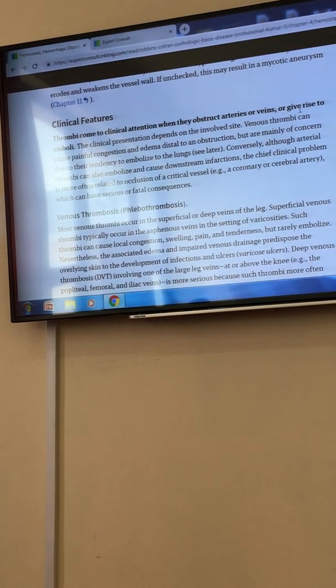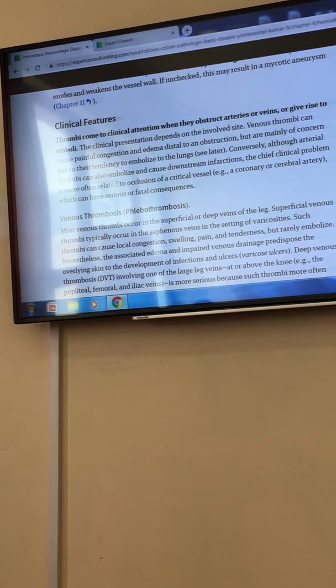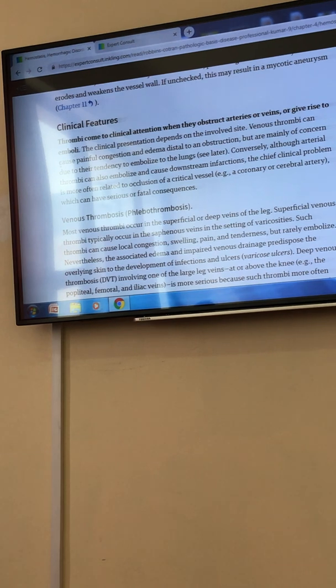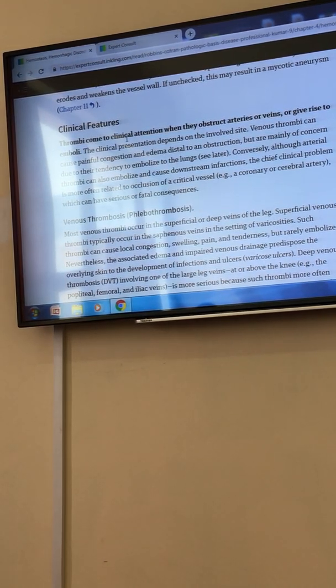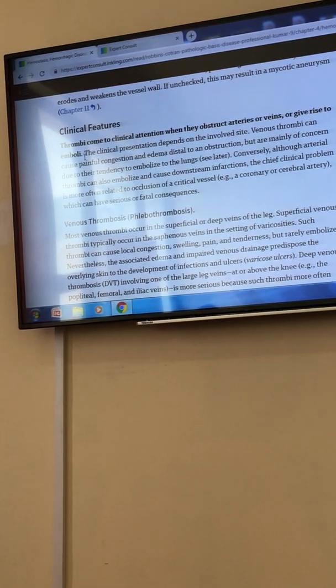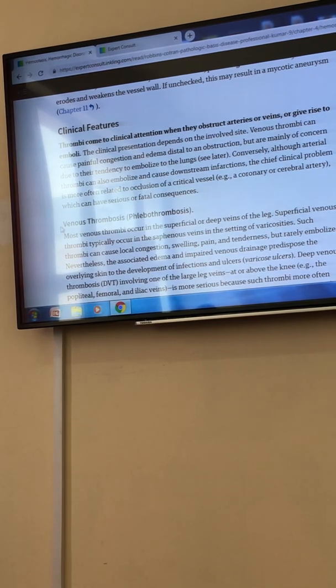Or they can embolize, and as you know, from the deep veins of the legs they most commonly go to the lungs and cause pulmonary embolism.